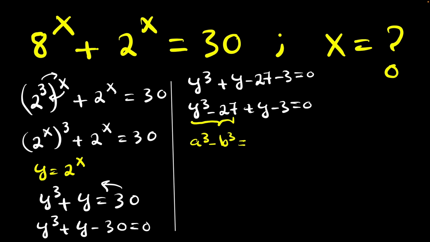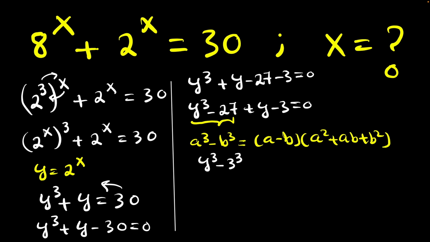If you expand this formula, you would have a minus b and a square plus ab plus b square. So yeah, here also I can write y cubed minus 27 as y cubed minus 3 to the 3, plus y minus 3 is equal to 0.